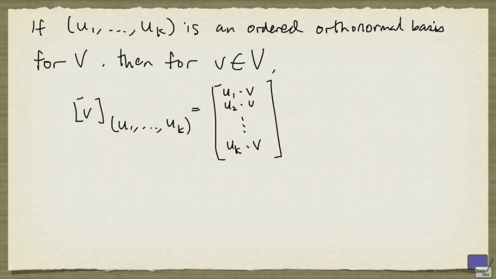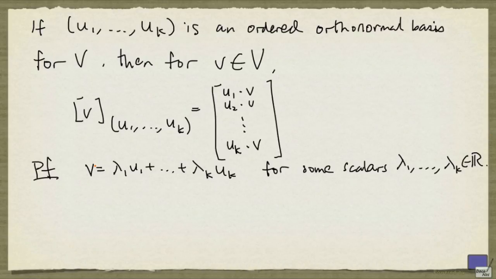So why is this true? Let's first write v as a linear combination of the basis vectors u1 up to uk. And so we have scalars lambda 1 up to lambda k such that v is given by lambda 1 times u1 plus all the way to lambda k times uk. Now I'm going to pick an arbitrary i from 1 up to k, and I'm going to take the dot product of ui and v.